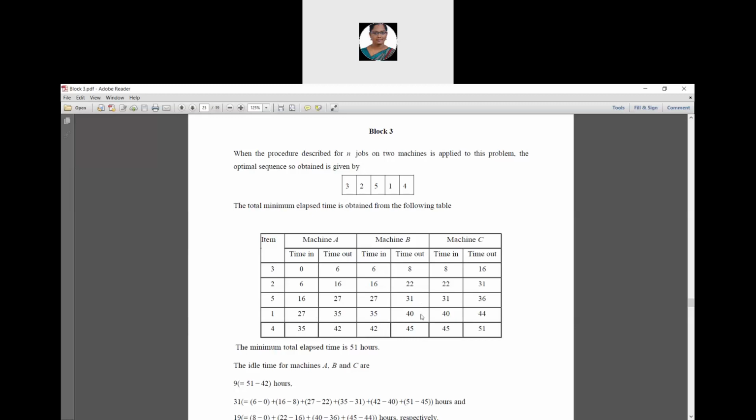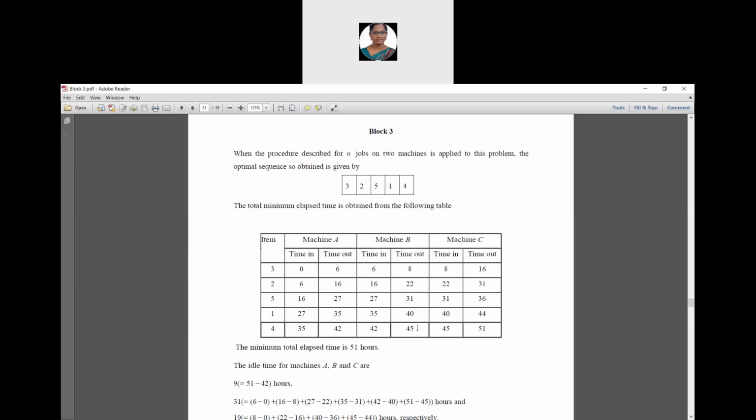So 35 plus 5 is 40. Now we have to compare 40 and 42. The maximum of 40 and 42 is 42. So write it here, and here we add 42 plus the processing time for job 4 in machine B, which is 3. So 42 plus 3 is 45.